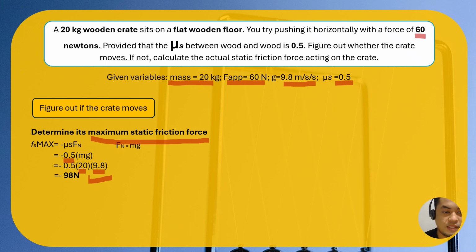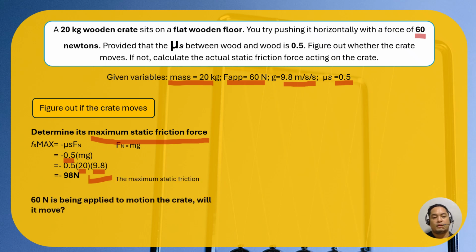This is the maximum static friction, and 60 Newton is being applied, attempting to move the crate. Will it move?